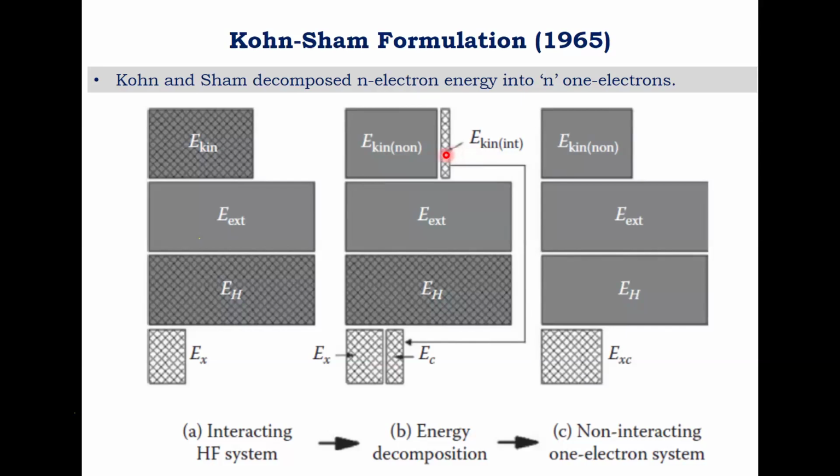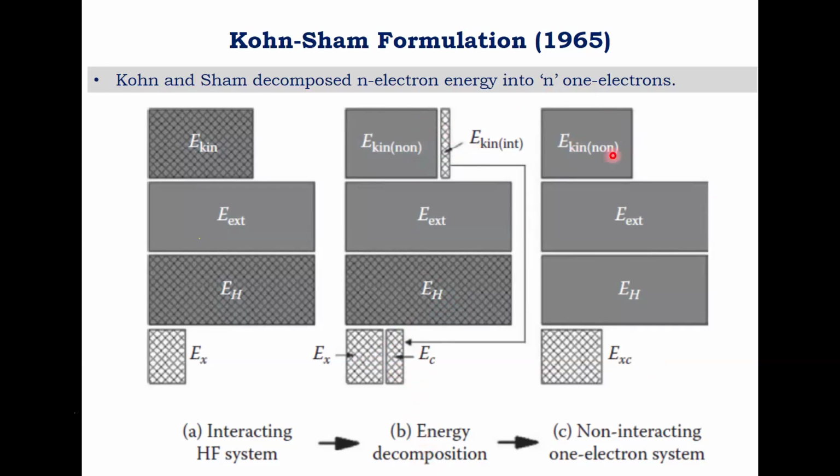That part has been bifurcated here in the kinetic energy. External energy was non-interacting. Hartree energy is the interacting electron-electron interaction energy, along with exchange energy and correlation energy. Correlation energy is included here because two electrons having different spin also interact with each other. That was the energy decomposition in the Kohn-Sham formulation.